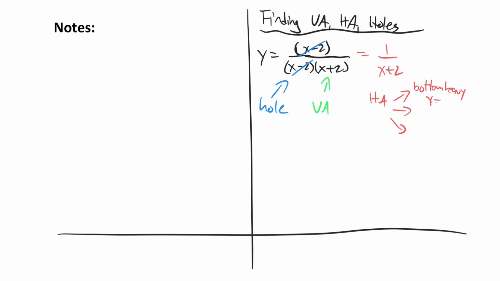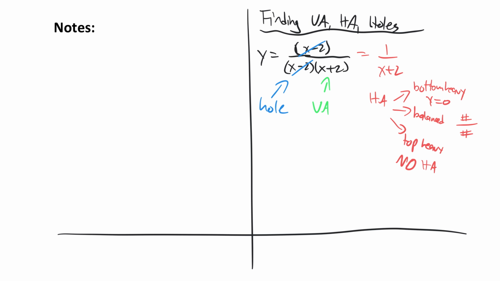And so in that case, you get y equals 0. If it was balanced, then you get the coefficient on top divided by the coefficient on the bottom. And if it is top heavy, then you get no horizontal asymptote.